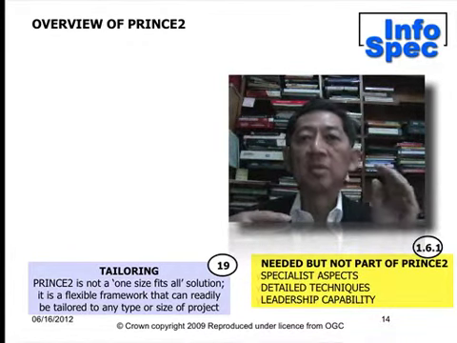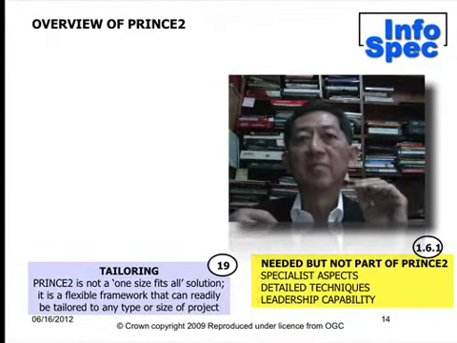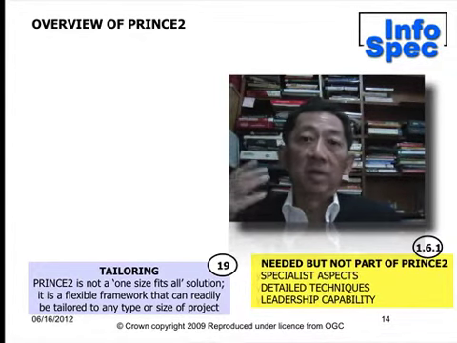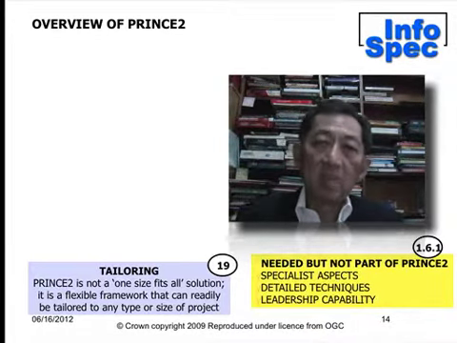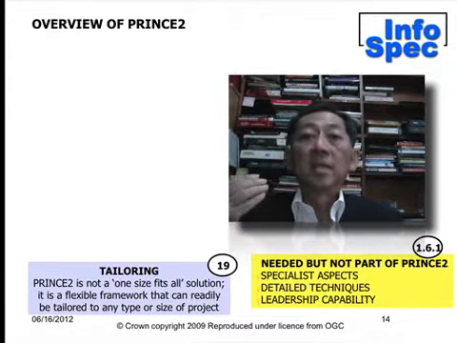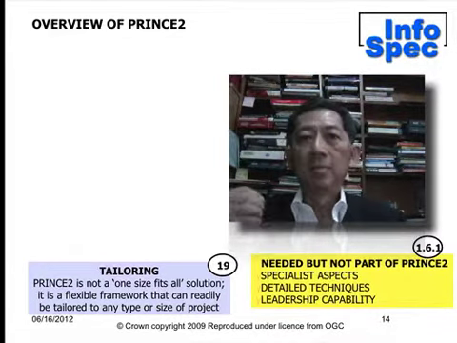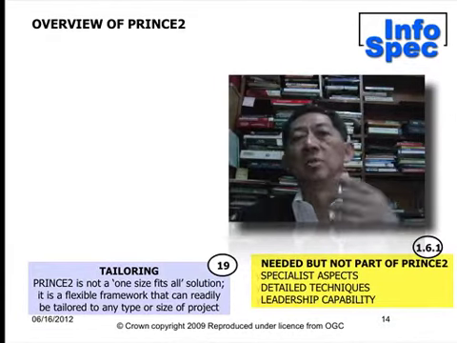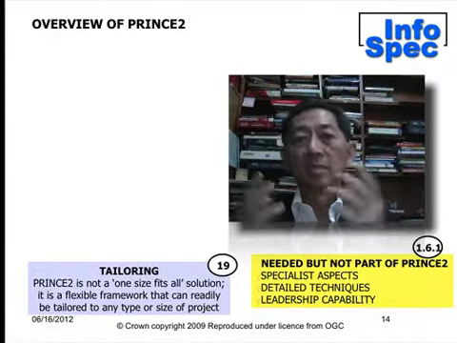PRINCE2 is a project management methodology, not a system development one, for those of you who come from an IT background. And if you're running a building construction or housing development project, again, you need specialist skills in those areas. PRINCE2 doesn't address those areas because it is meant to be a flexible project management method that can be used for all kinds of projects.